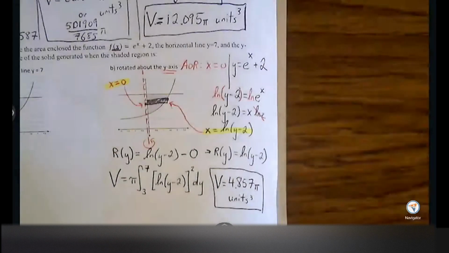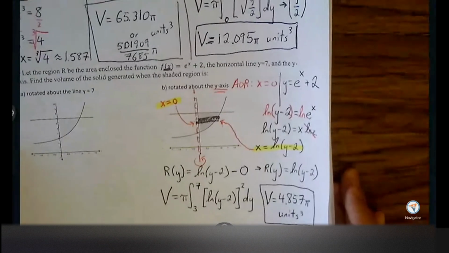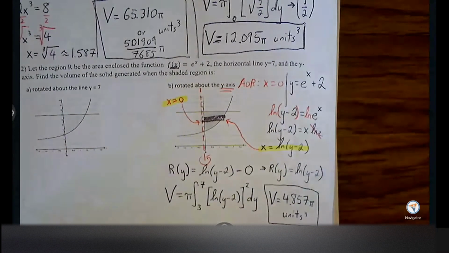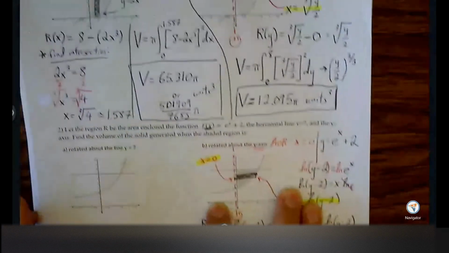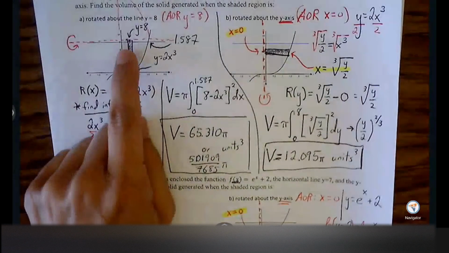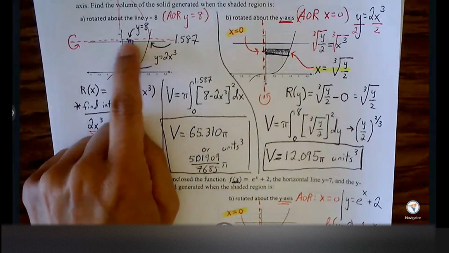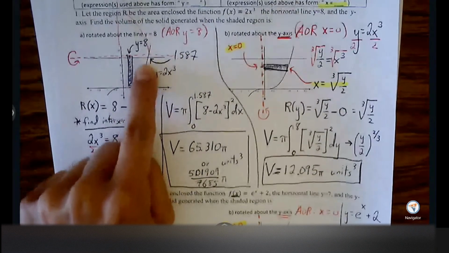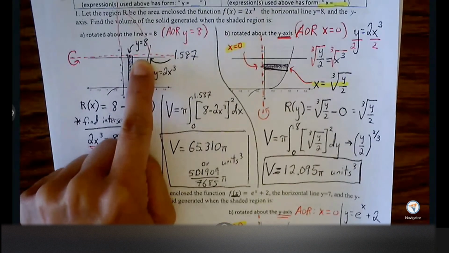Okay, any questions so far? Okay, so this is something that we're going to have to be able to distinguish starting tomorrow. But look at where that dotted line is in relation to your shaded region. Do you see how there's no gap at all whatsoever between the dotted line and the shaded region? That's the indication that we're dealing with this method.